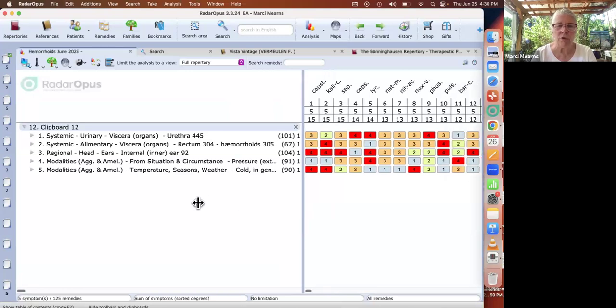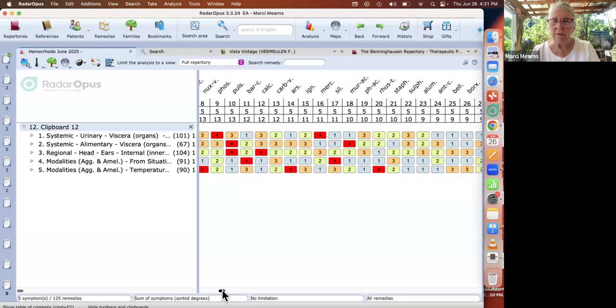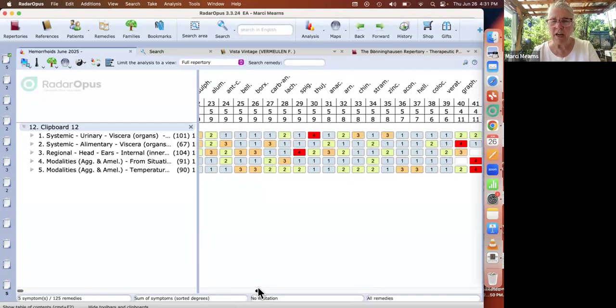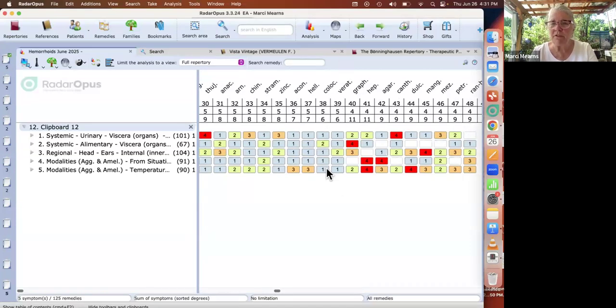If I just use those simple modalities and simple anatomical systems, 55555, I've got right here in Boenninghausen's Therapeutic Pocketbook, I'm limited to just 39 remedies for this patient.